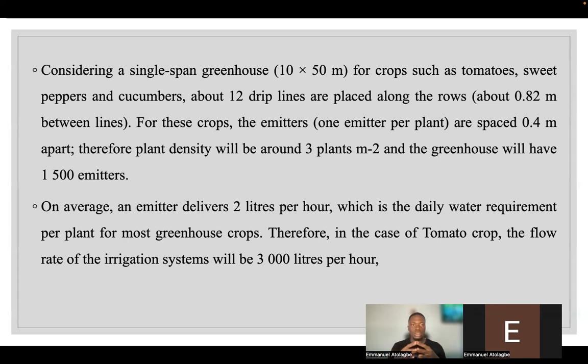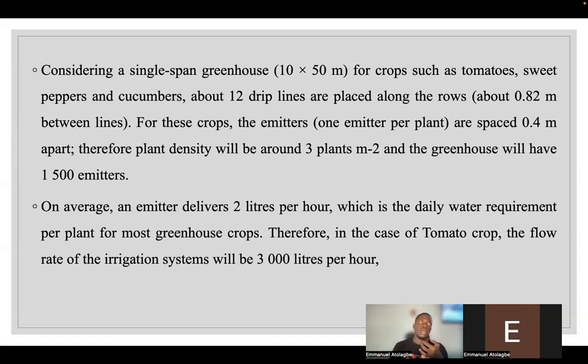Say, for example, you have a 10 by 50 meter greenhouse, and in this you have 12 drip lines, that is 12 secondary lines. You have one primary line connected to the 12 secondary lines, and in these secondary lines you are using 40 centimeter spacing. In doing this, you have about 1,500 emitters in a 10 by 50 meter house.